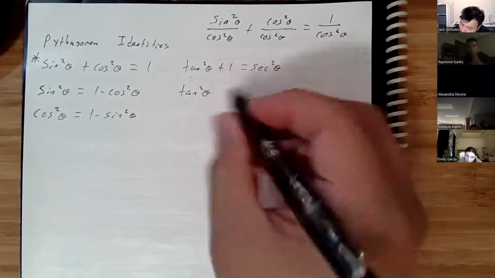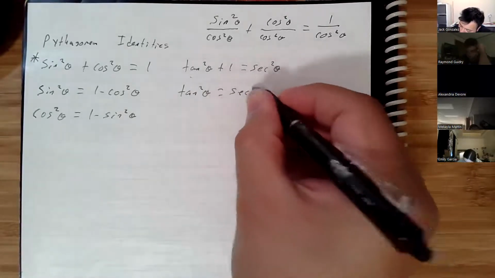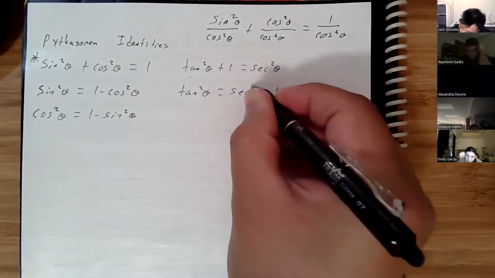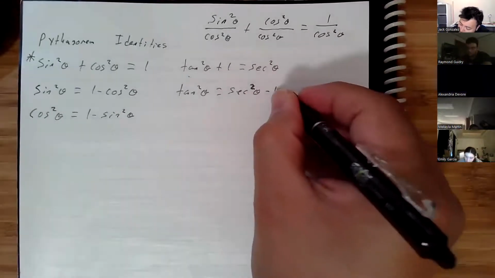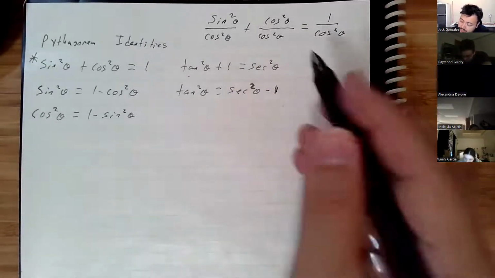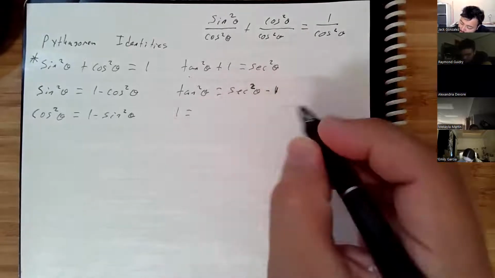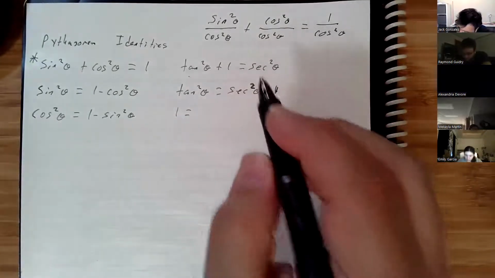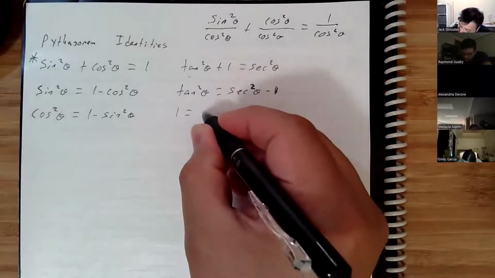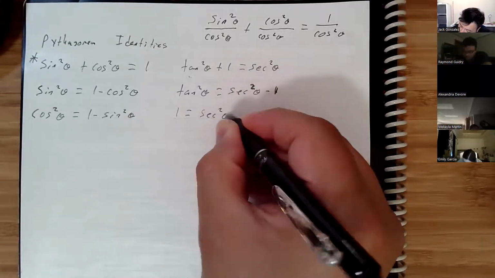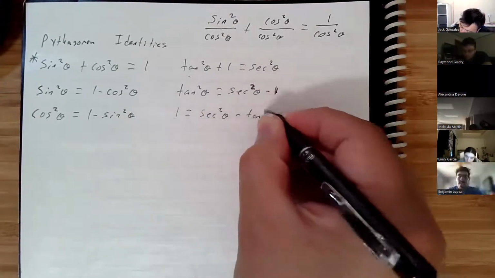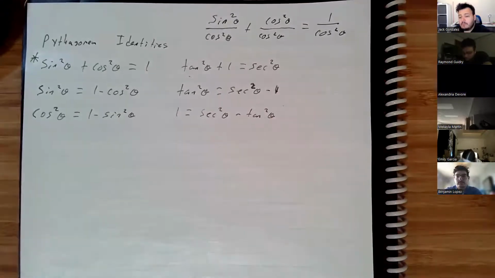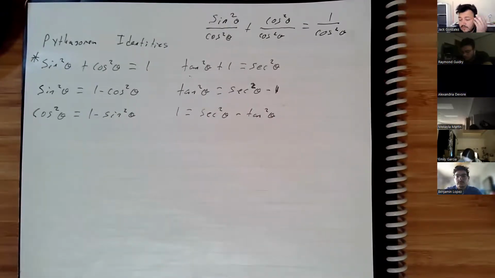So now subtract the 1. Get another one. Subtract the tangent and you get the last one for this set. Okay, so you see how we're deriving these ourselves.